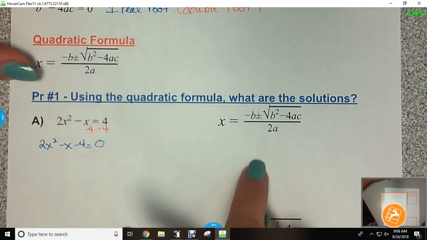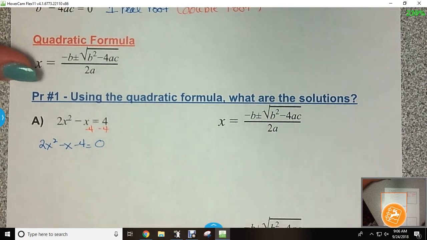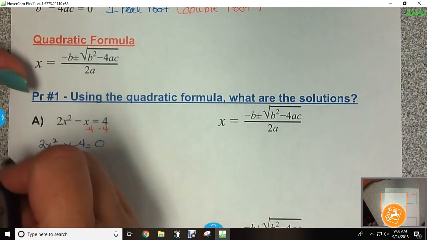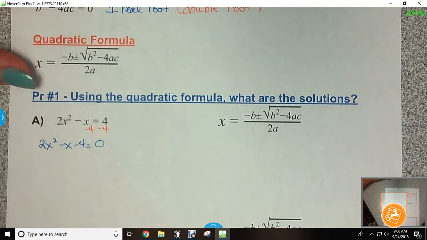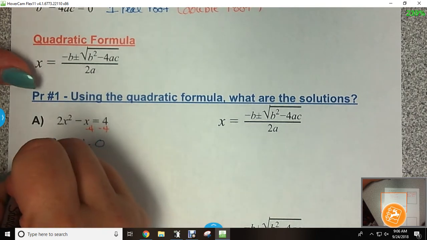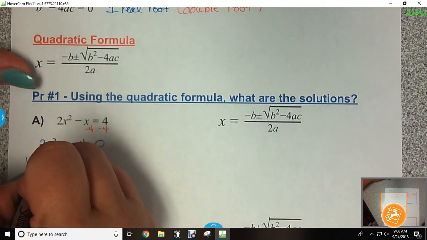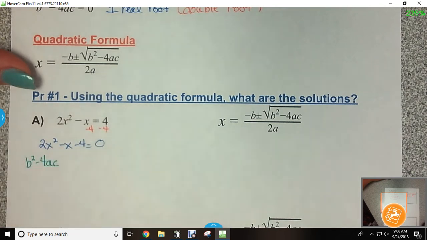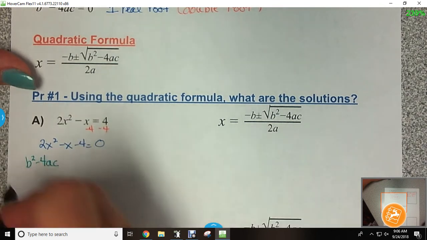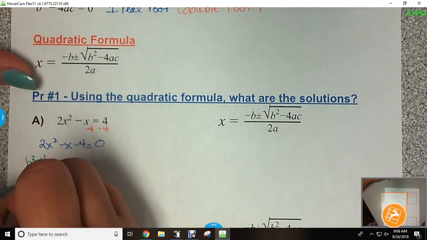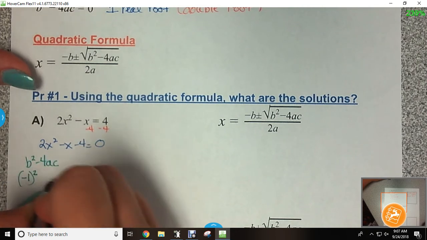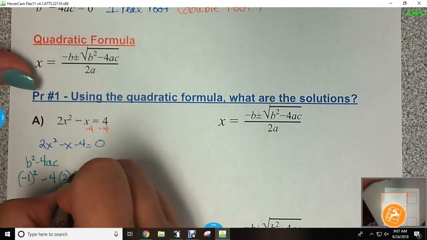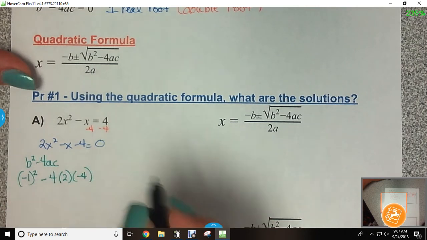Now, before you plug into the quadratic formula and start working, I want you to find the discriminant. Remember, the discriminant is b squared minus 4ac. So my b value is -1. Square that. A is 2, c is -4.